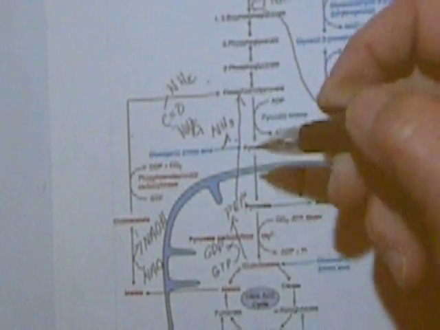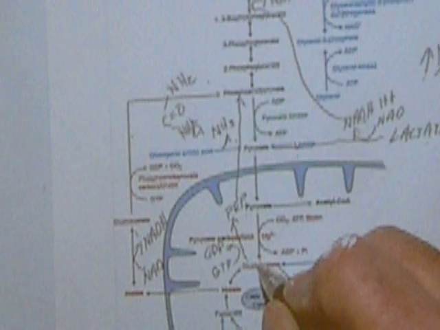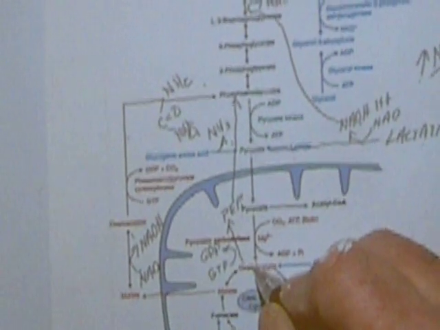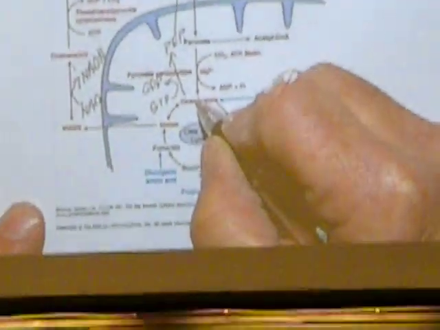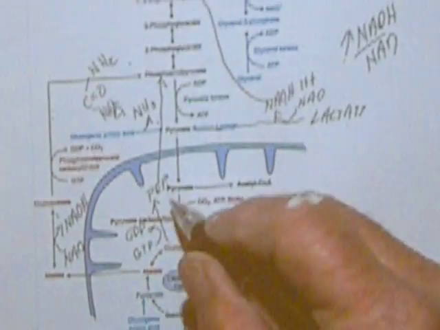Whether this oxaloacetate goes out as PEP or as aspartic acid depends on a whole different issue. If you're going to send oxaloacetate out as aspartic acid, you have to have glutamic acid to make aspartic acid. So if we're sitting in here with OAA in the mitochondria and I want to send it out as aspartic acid, I have to have glutamic acid for my transamination.